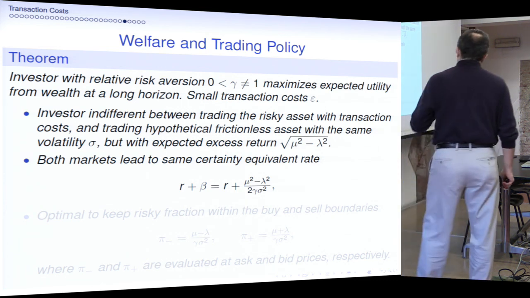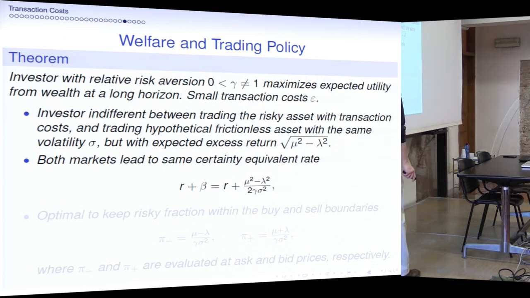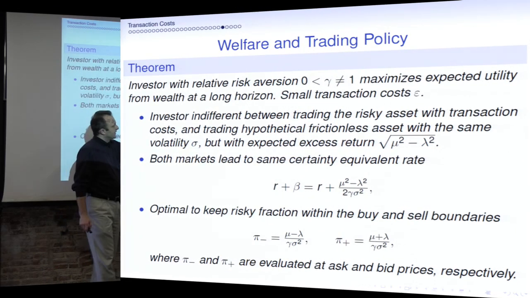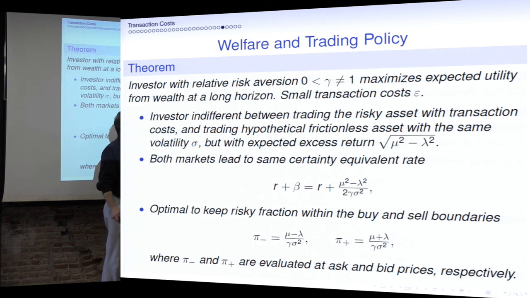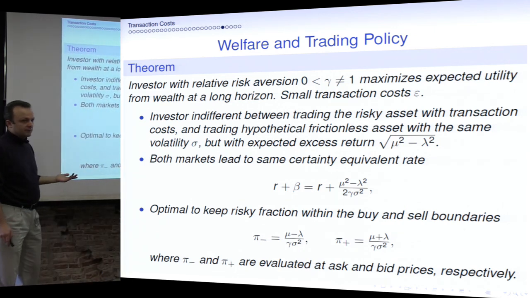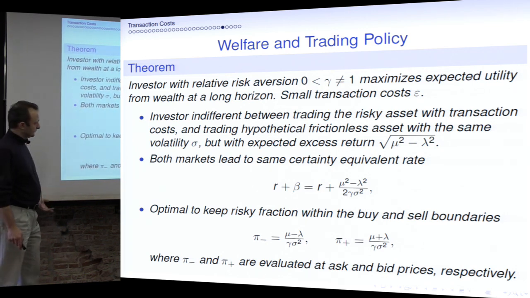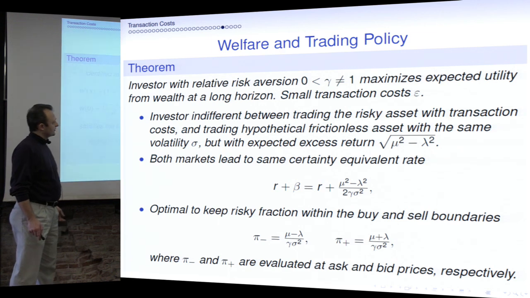So in particular, what is the certainty equivalent rate? Well, the certainty equivalent rate if we didn't have transaction cost would be this. We have found this expression already. Transaction costs are going to reduce a little bit this certainty equivalent rate because trading in a market with transaction cost is just worse than trading in a market without transaction cost.